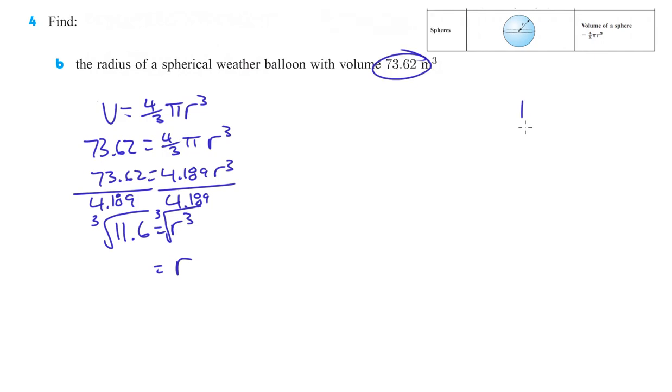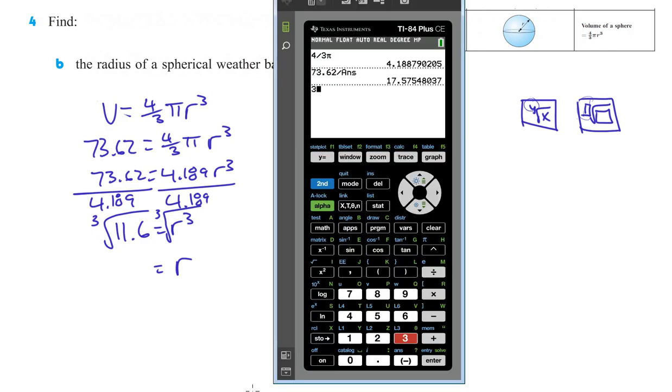Some of your buttons will look like y with an x, some with just little boxes in there. But you got to make sure that it's got something up here above the root that you can enter in, so we can put a 3 in there. On mine, I'm going to do math, and I want this little x root, and it's going to turn into the cube root of, and I'm going to just do the answer here.